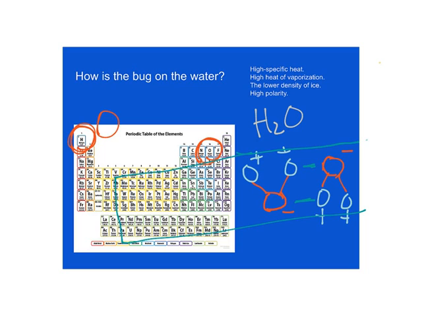They line up and it causes surface tension. Surface tension is one of the reasons. How is the bug on water? Surface tension of the water.